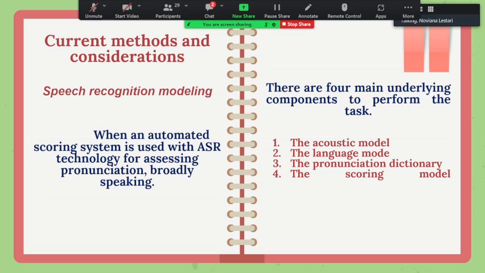The third component is the pronunciation dictionary, which lists the most common pronunciation of the words in the language model. And the final component, often referred to as the scoring model, uses features generated by the previously described systems to give a score. We move to the next slide.